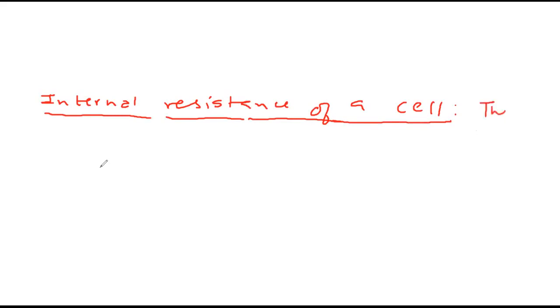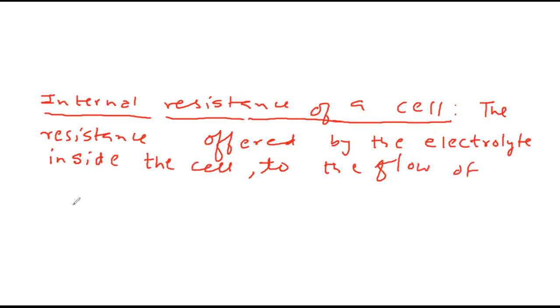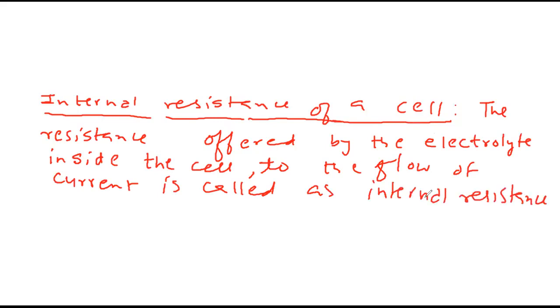So the resistance offered by the electrolyte inside the cell to the flow of current is called internal resistance.